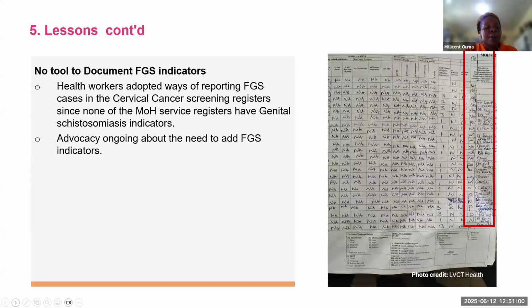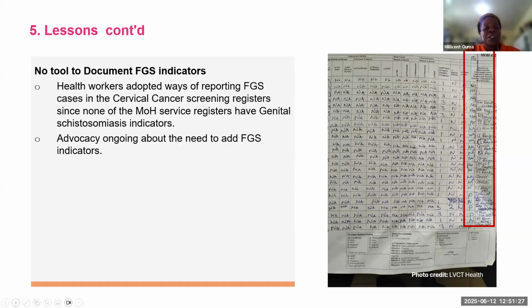Okay, so this was quite a lesson, or a finding, that FGS, being something which is not well known, doesn't have a register. So the only register we could find to record all the indicators of FGS was the cervical cancer screening register.